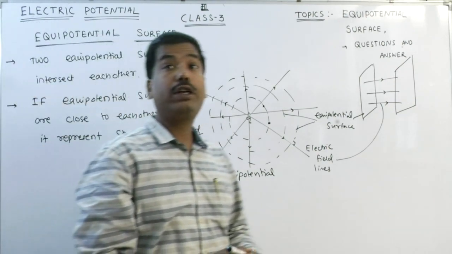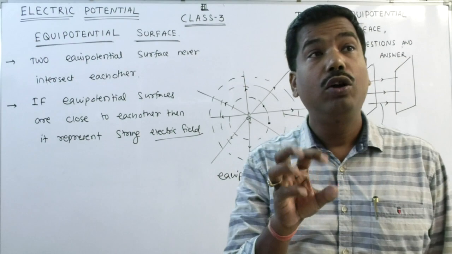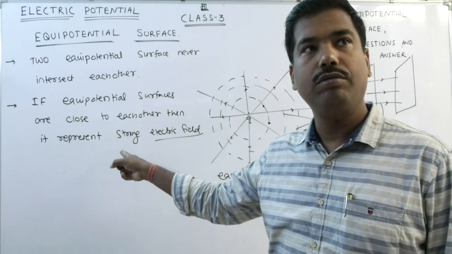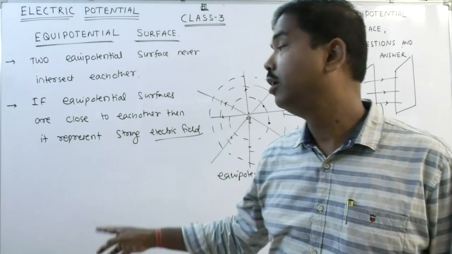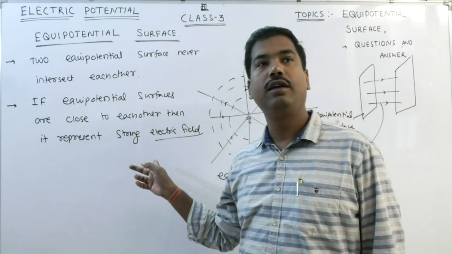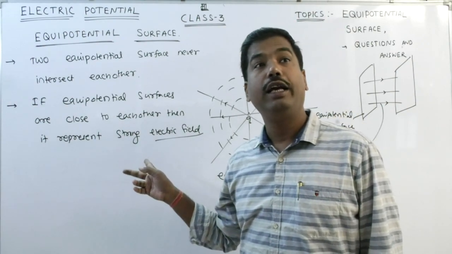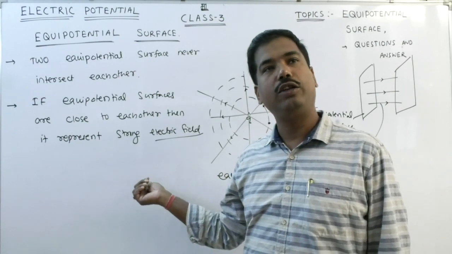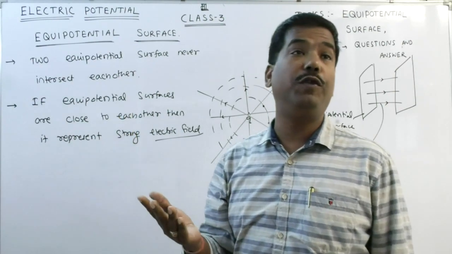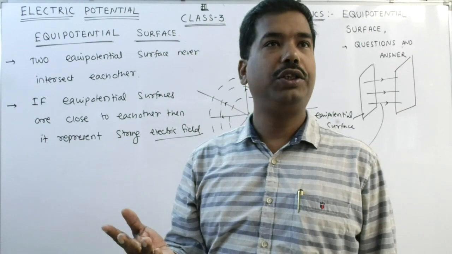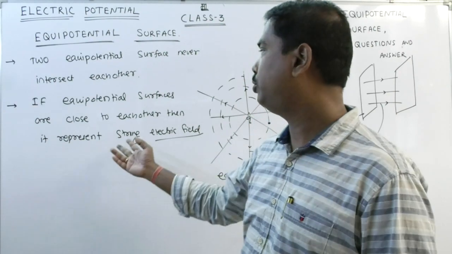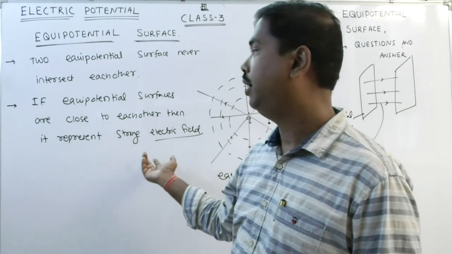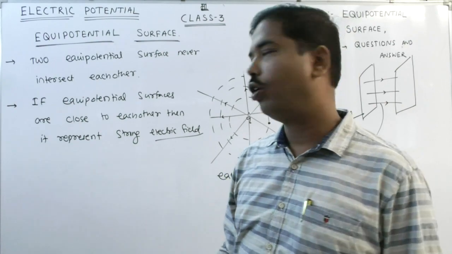Clear? Electric field is strong when they are very close to each other. Previously we discussed that if electric field lines are close to each other, then it represents a strong electric field. Here also, if equipotential surfaces are close to each other, then it represents a strong electric field.